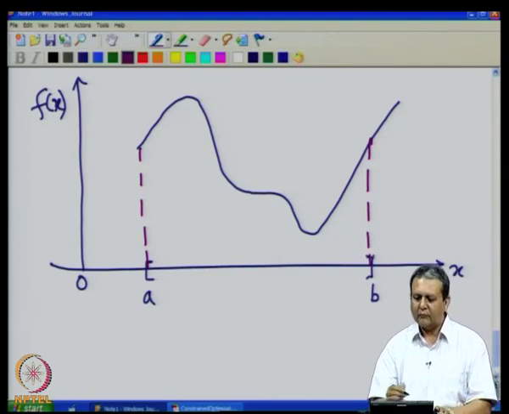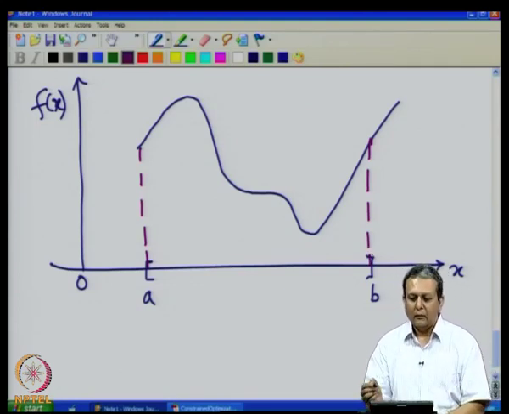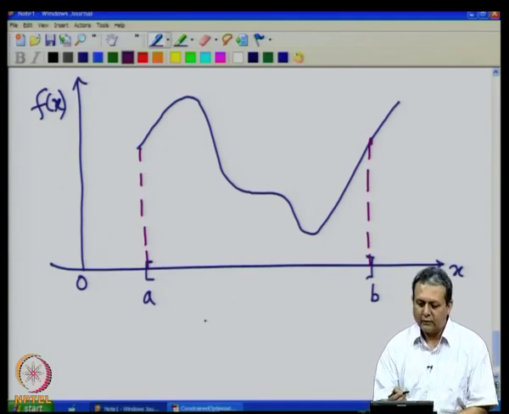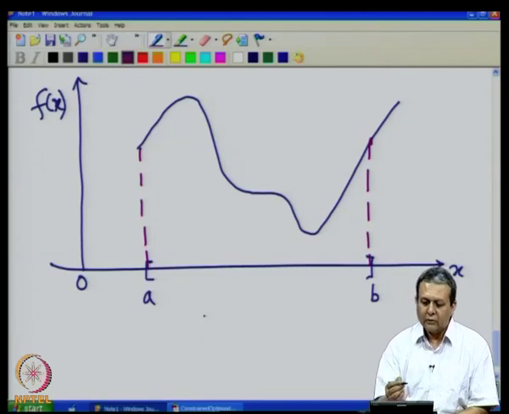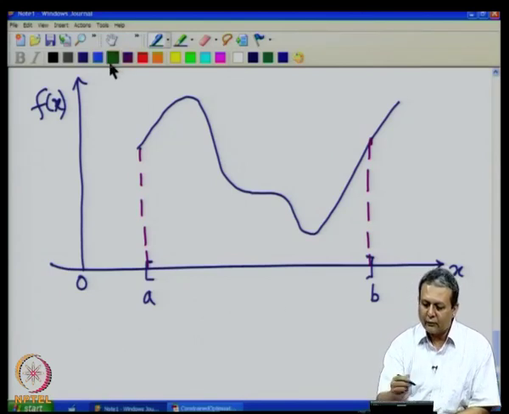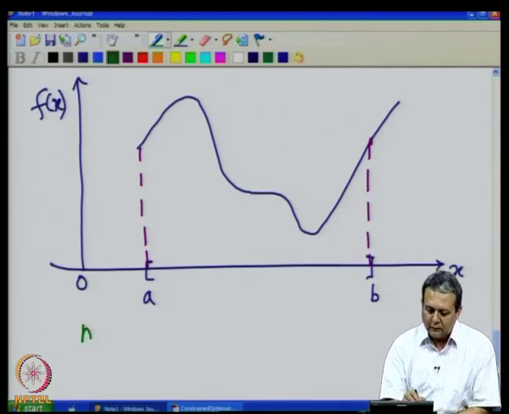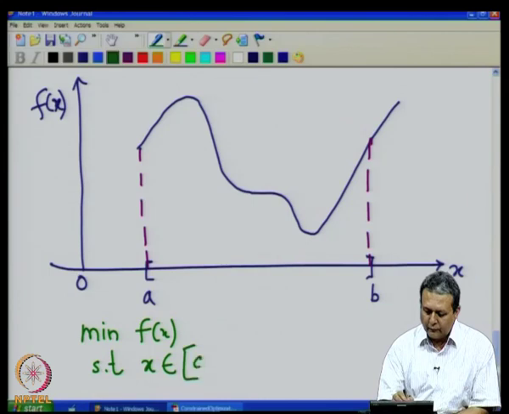Although the function may be defined over the entire real line, we are only interested in the closed interval a b. So, what we are interested in is solving this problem: minimize f(x) subject to x belongs to the interval a b.